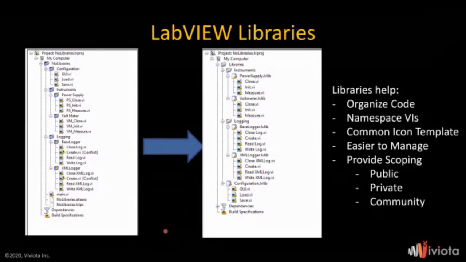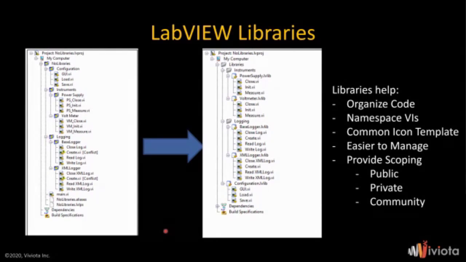Libraries help organize code. They also provide namespacing. Whenever you're using a library, the library's name is now part of the VI name. I have an example of that a little bit later on, but it's basically library name : VI name. And so that allows you to have VIs with the same name in different libraries.